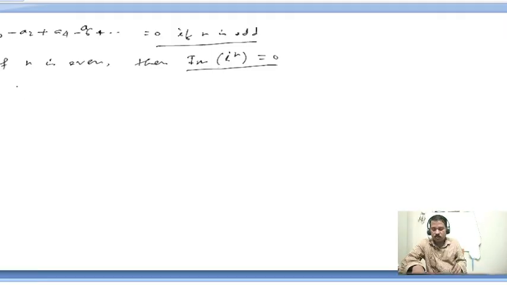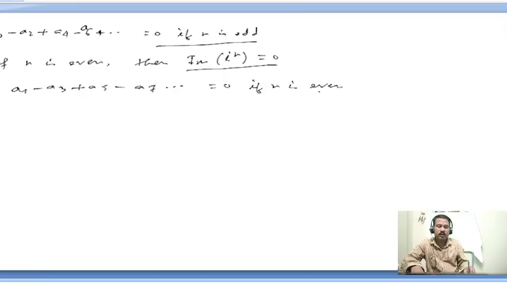So we have a1 minus a3 plus a5 minus a7 and so on, that is equals to 0 if n is even. So these two options are correct.